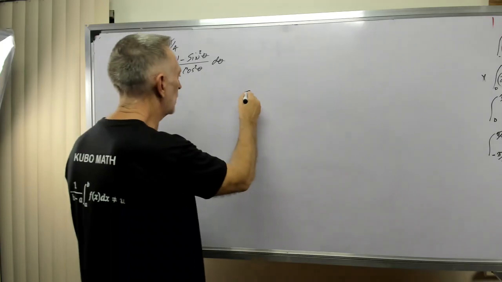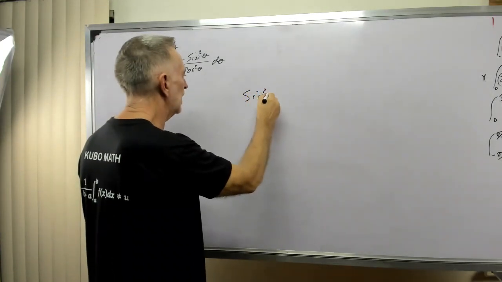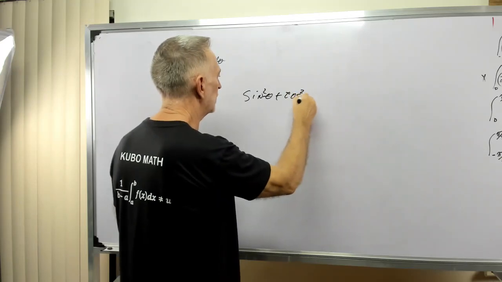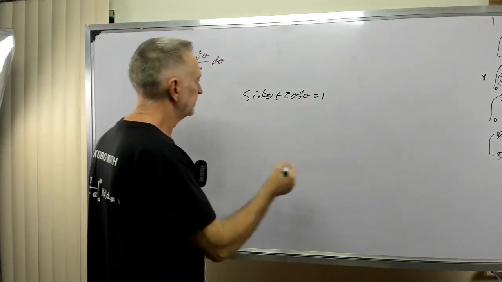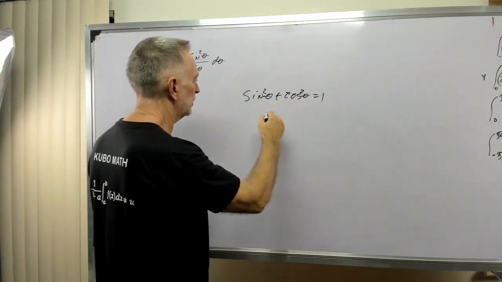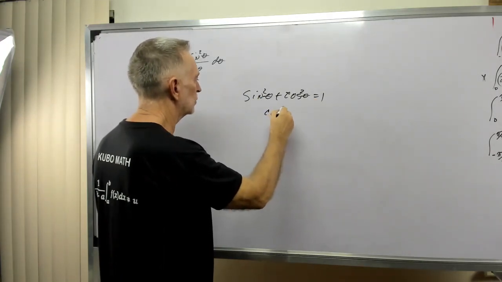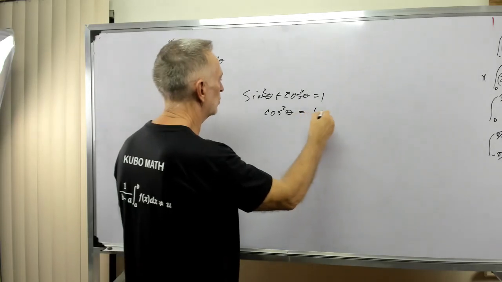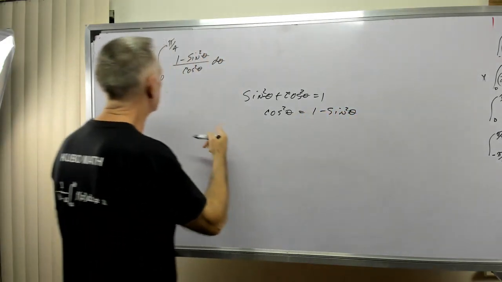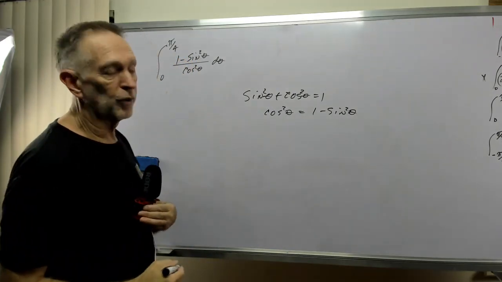Okay, you can look at this one. Sine squared theta plus cosine squared theta equals 1. Well, I could subtract sine squared from both sides: cosine squared theta equals 1 minus sine squared theta. Oh, look at what I have in the numerator.